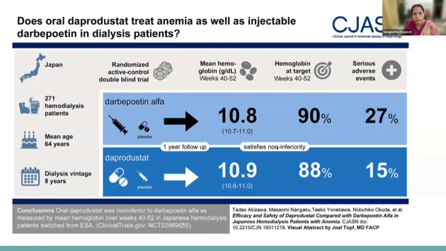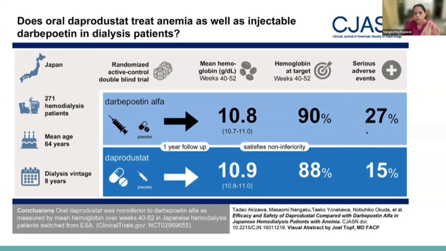This is another study. I told you earlier about the oral agents which are available, the HIF stabilizers, hypoxia-inducible factor stabilizers like daprodustat, versus darbepoetin alpha, to see whether it is equally effective or not. This trial was done in Japan among 271 hemodialysis patients, comparing darbepoetin alpha and daprodustat, with 1 year follow-up.